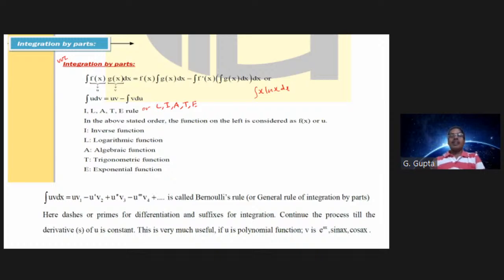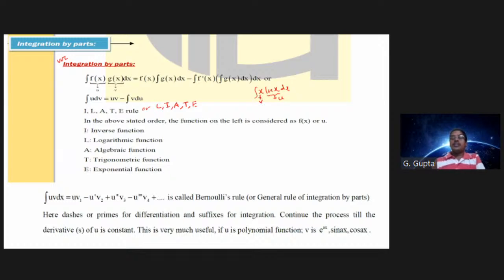Log stands for the L letter, x stands for the A letter, that is the algebraic function. Which function comes first? Log x, the L letter, and x, the algebraic letter. According to this, L is first. So log x is u, and x is the v function.